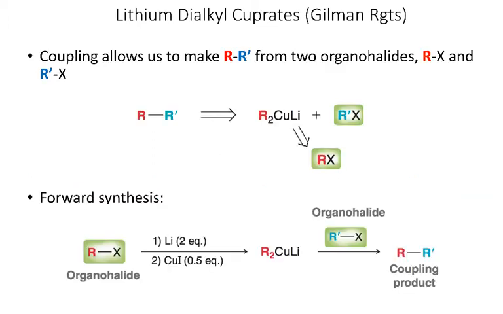As I discussed before, one of the most important features of these Gilman reagents is that it allows us to make longer alkane chains from two organohalides. If I started with one organohalide, reacted it with lithium to form an organolithium compound, then reacted that with a copper halide, that would form the Gilman reagent with one R group. If I then react that with another alkyl halide, I can form a bond between the two R groups.